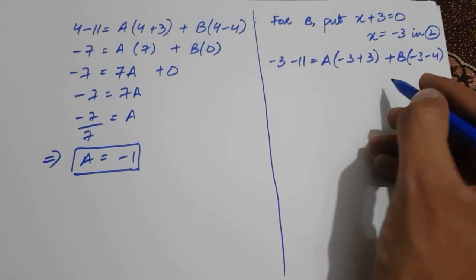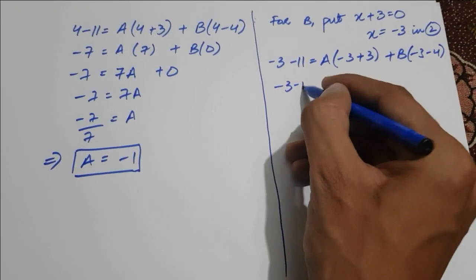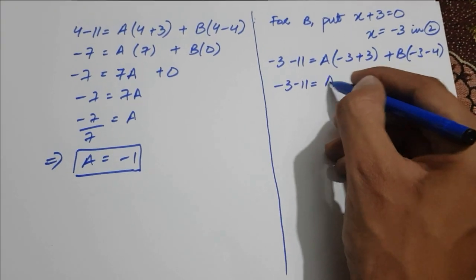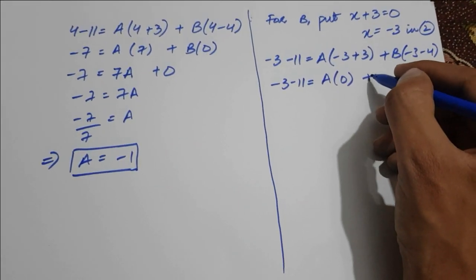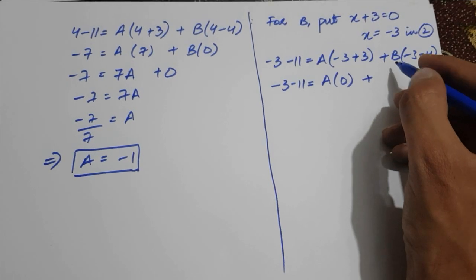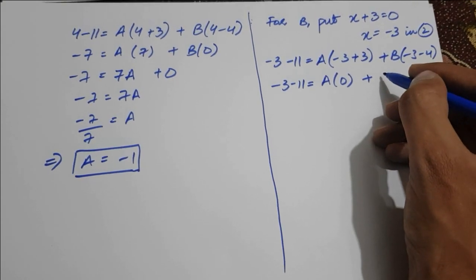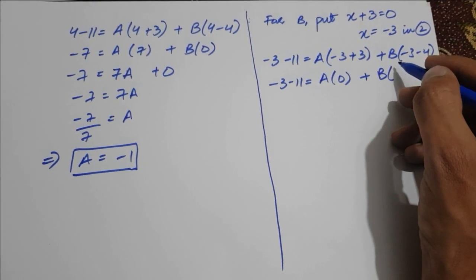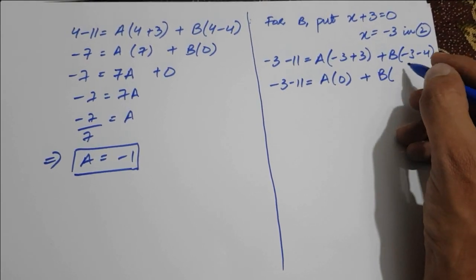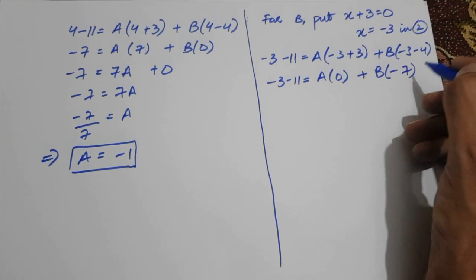So remember that I told you that when you will be finding the value of A, the other constant will become 0, and when you will be finding the value of B, its other counterpart will become 0.